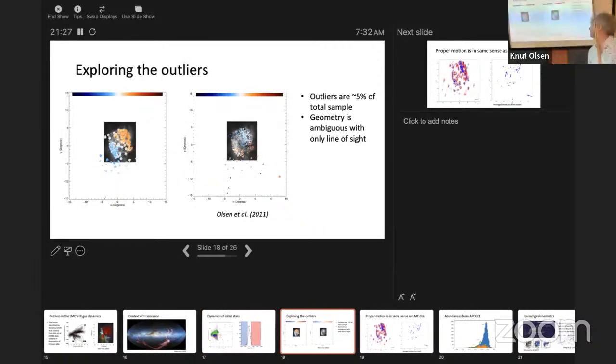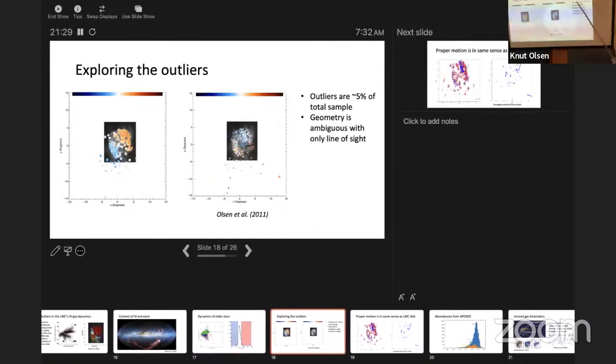And if we look at these outliers and just project it onto the sky, the normal sample of stars, right, has this blue to red gradient that we see here. It's the internal rotation of the disk.